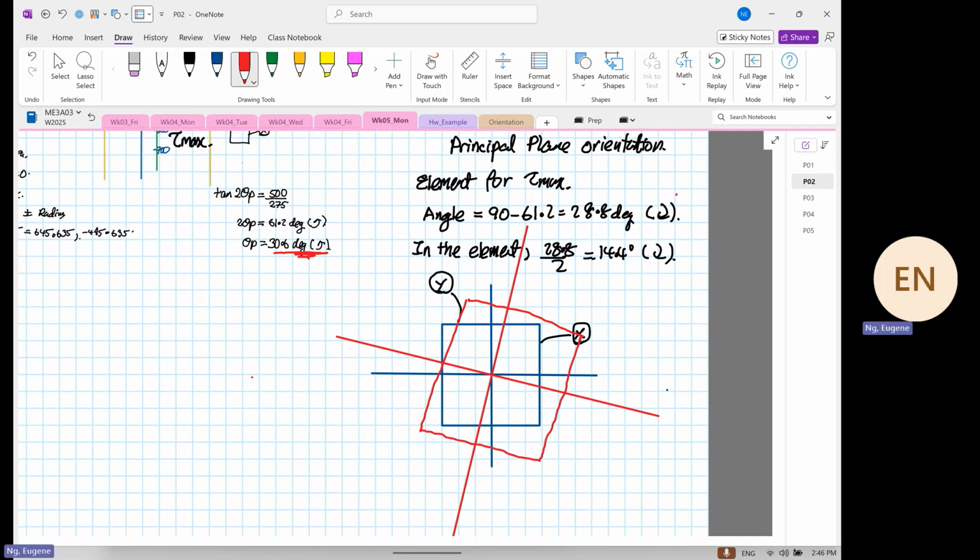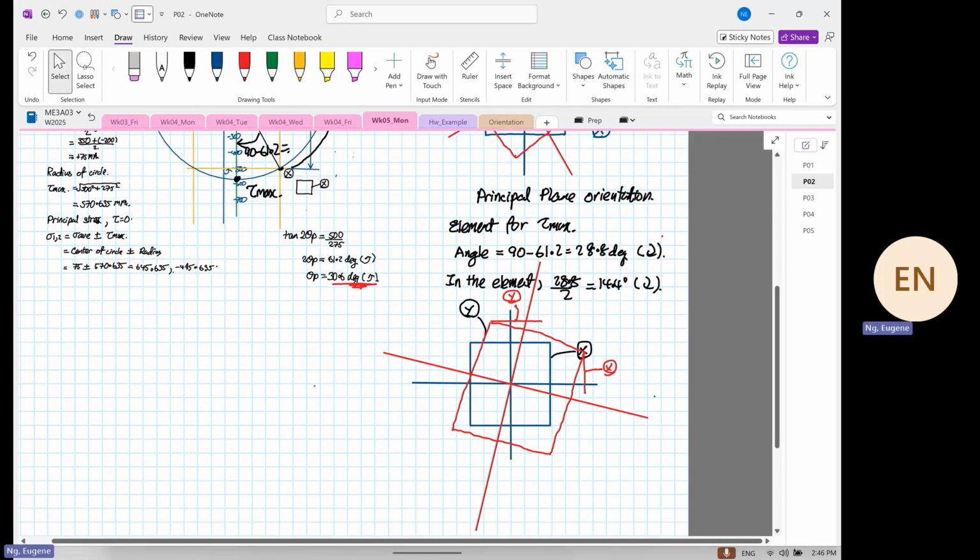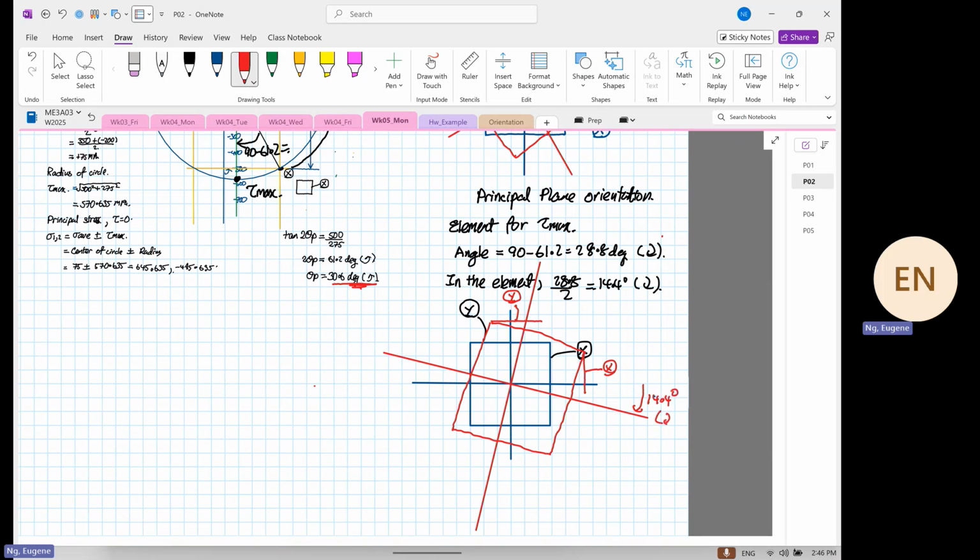In this case, you draw a vertical line, you know that this is your X, and you draw a horizontal line, you know that that is your original Y. So this rotation is rotating at 14.4 degrees, and we are rotating in a clockwise direction.